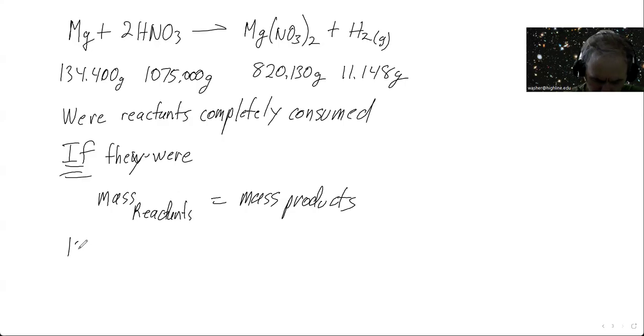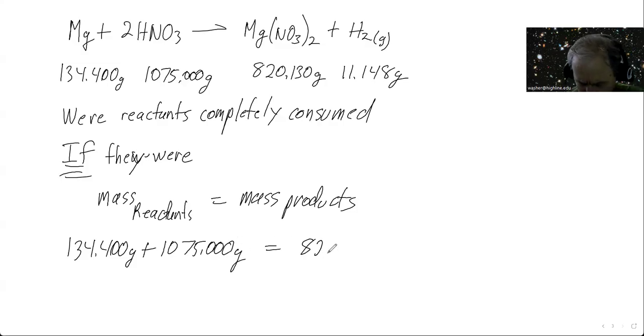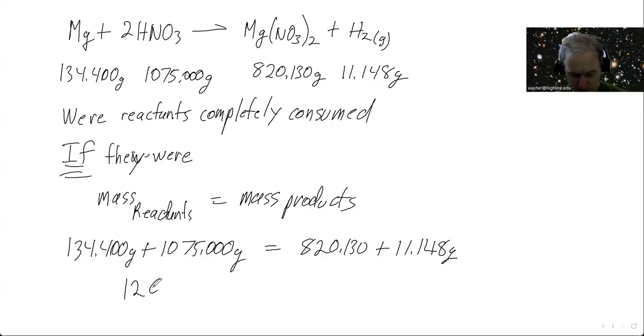In other words, 134.400 grams plus 1075.000 grams would equal 820.130 plus 11.148 grams. Clearly, that's not true. This is going to come out to be well over 1,200 grams. This is not even 900 grams. So clearly, there are more reactants.